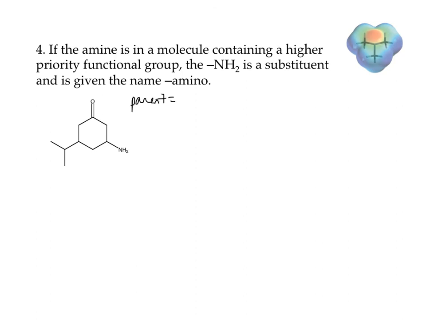So our parent is the ketone, and the carbonyl carbon gets number 1. Now we have to number around the ring. No matter which way I go, my numbers will be the same, so I'll have either 3-amino or 3-isopropyl. What will next decide how I'm going to number is alphabetizing. Amino comes before isopropyl, so we will be headed down towards the amine.